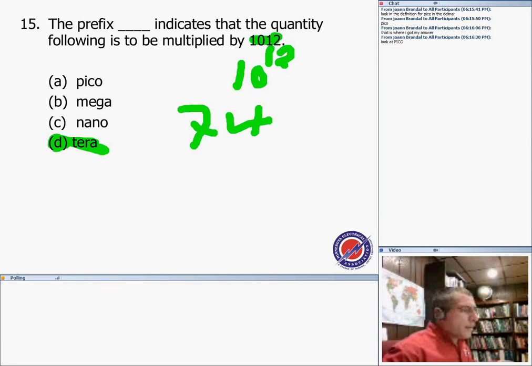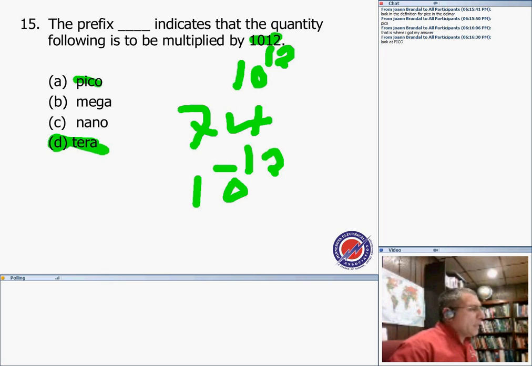That shows the tera. The difference between pico and tera is that pico is 10 to the power minus 12. One is 12, one is minus 12.